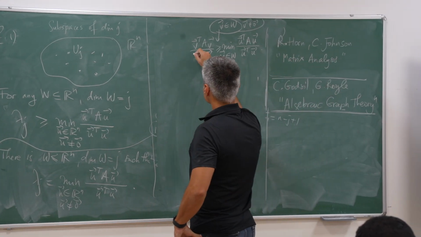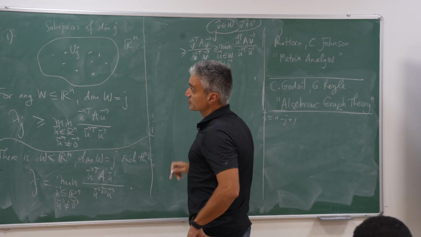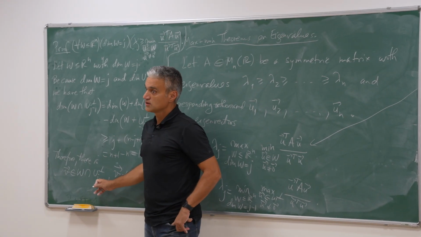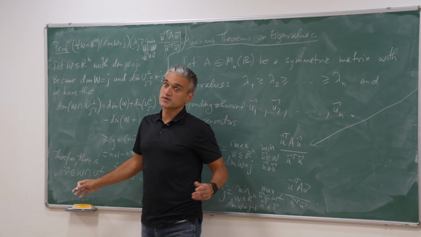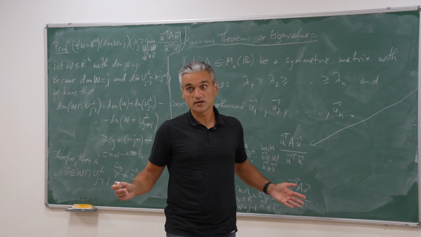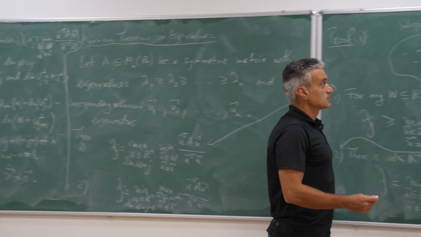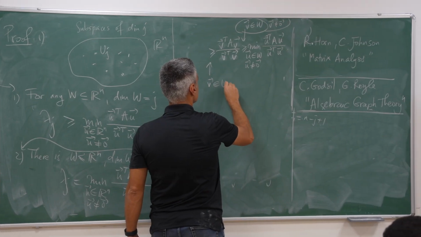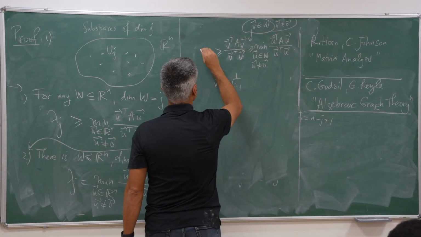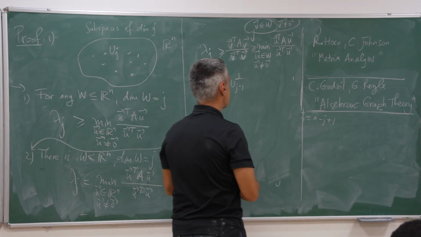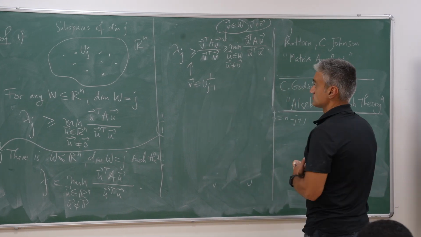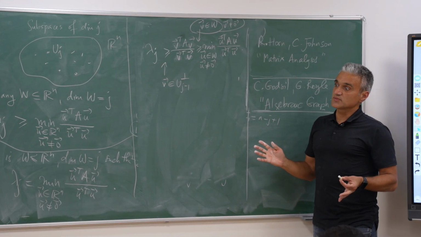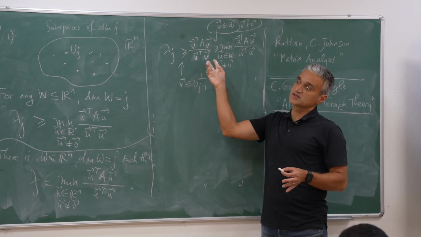But now the stuff that I erased, because v comes from the space uj minus 1 perp, which one is the biggest number there? Lambda j. So here, because v belongs to uj minus 1 perp, this is going to be less than or equal to lambda j. So for this max-min theorem, you need to find an intermediate vector like this.